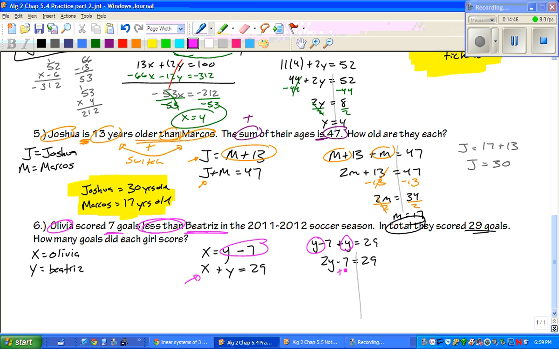Add 7 to both sides to cancel the 7s. 2y equals 36. Divide both by 2. We get y equals 18. And then now we just plug it in to x equals 18 minus 7, so x equals 11.